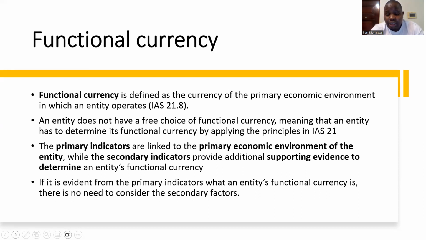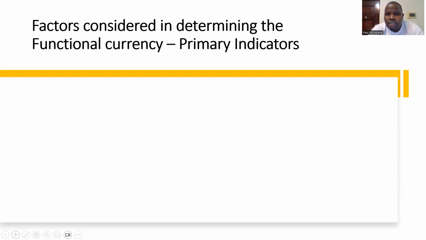But the key is to check if the primary indicators are there. In absence of sufficient primary indicators, jump in and check the secondary indicators to support the evidence on how you determine the functional currency. It is evident from the primary indicators that an entity's functional currency is there. So in absence of the primary indicators, you can check the secondary factors to determine the functional currency.